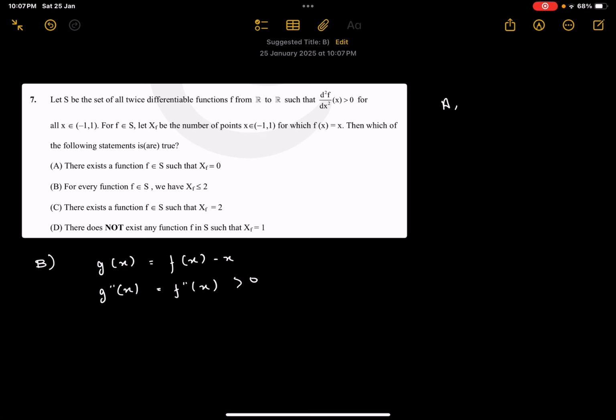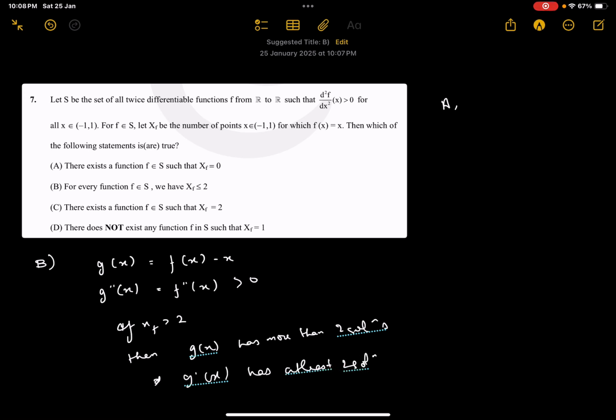So if Xf is greater than 2, then g(x) has more than 2 solutions in the given interval, which will mean g prime x equals 0 has at least 2 solutions, which will give that g double prime x equals 0 has at least one solution, which contradicts the fact that g double prime x is strictly greater than 0.